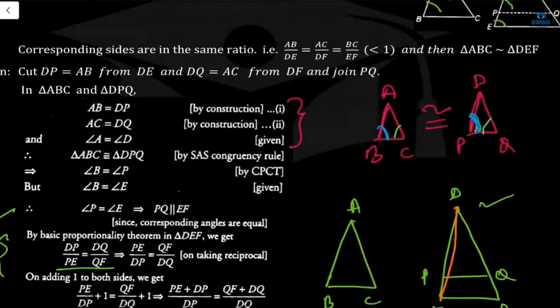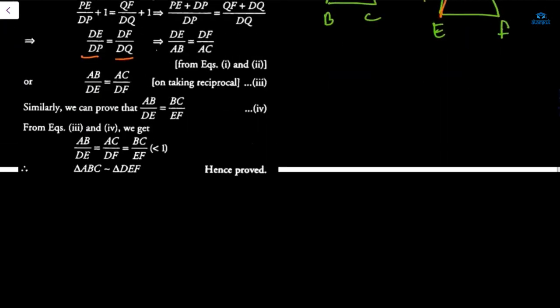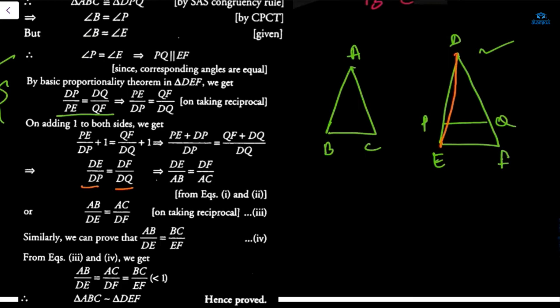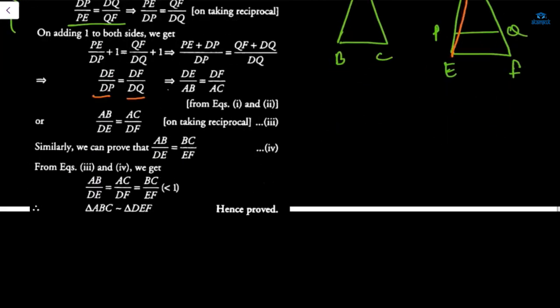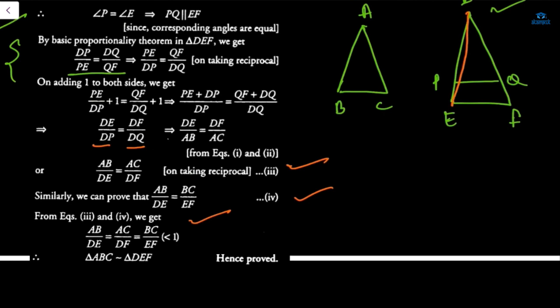After equating it, I've got that AB upon DE is equal to AC upon DF. One of the ratios I've already got. Now, similarly, from the third and fourth equations, we can get AB upon DE is equal to BC upon EF. Understood?